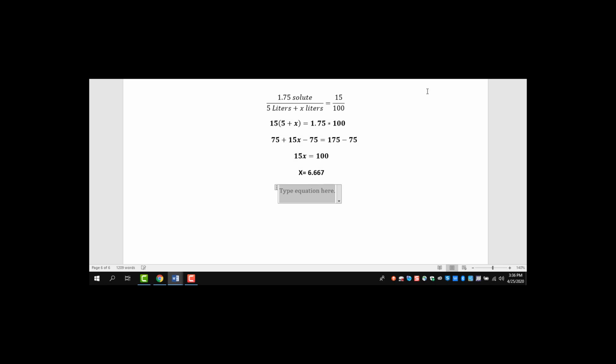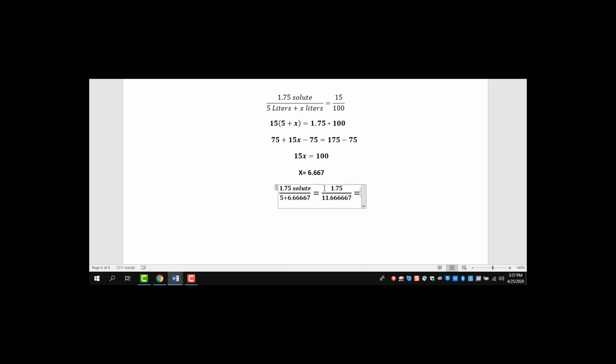Now I just want to prove here in the end what I have. So I'm going to put an equation here. I have 1.75 of the solute, and now I have 5 plus 6.66667 of the solvent, which is equal to, add those, 1.75 over 11.666667.